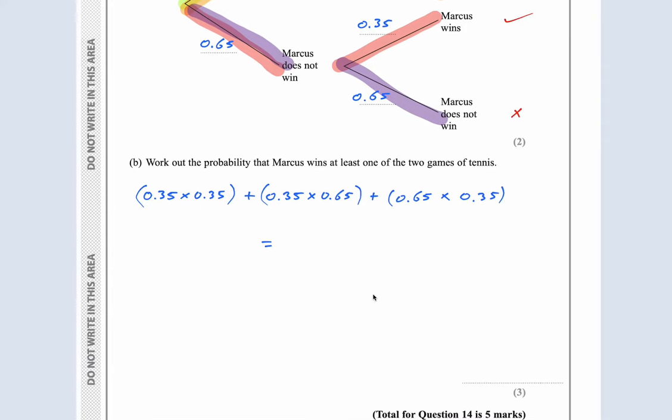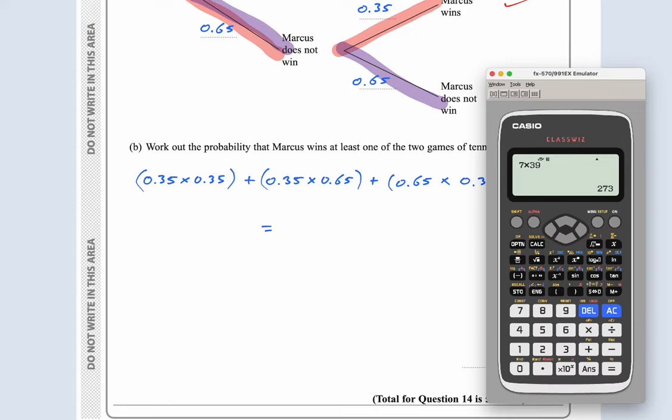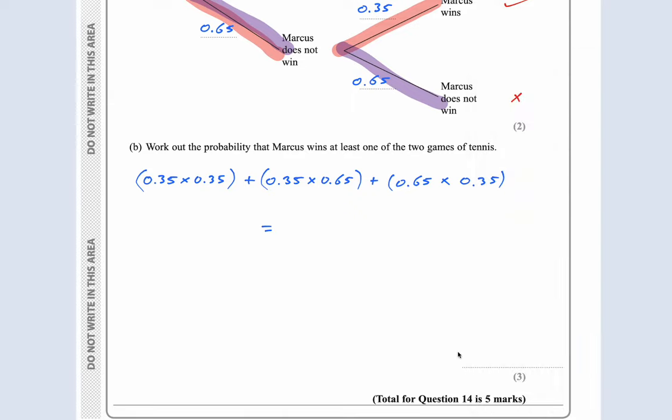And this whole thing equals, calculator please, 0.35 squared plus 0.35 times 0.65 plus 0.65 times 0.35 gives me 0.5775. Correct. Okay.